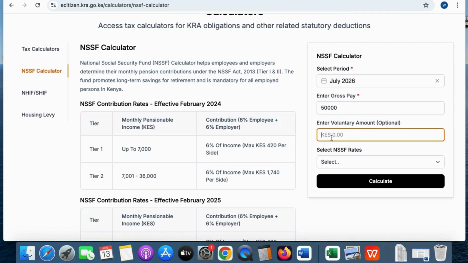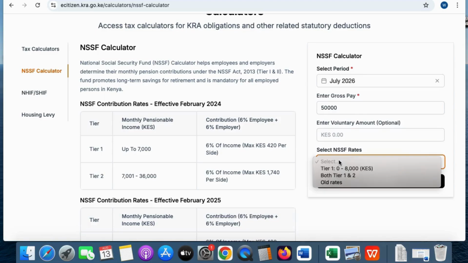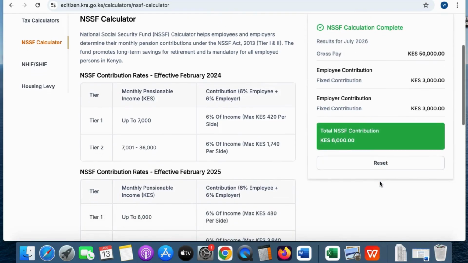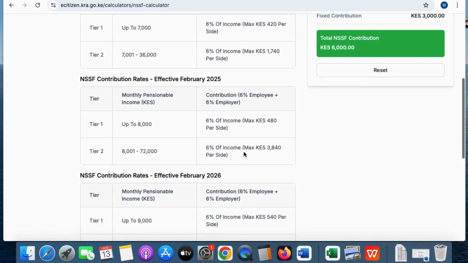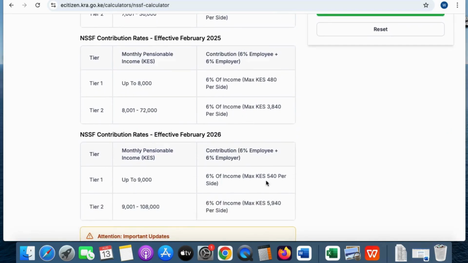If your income is 9,000 and more, and in our case we use the previous example of 50,000, that is above 9,000, so the contribution in this tier will be a maximum of 540, which is simply 6% of 9,000. For any income that is above 9,000, you calculate another 6% of that balance.